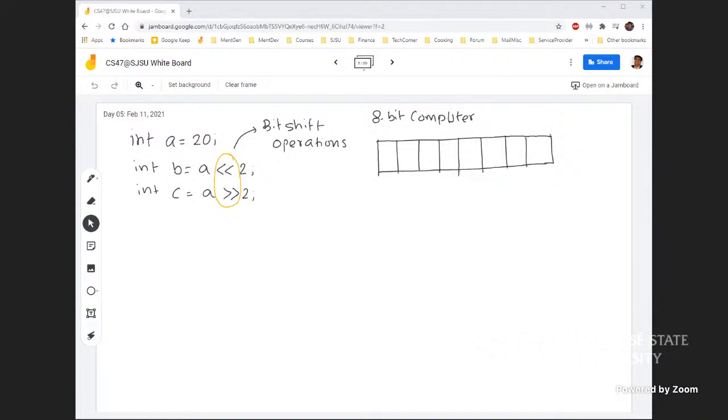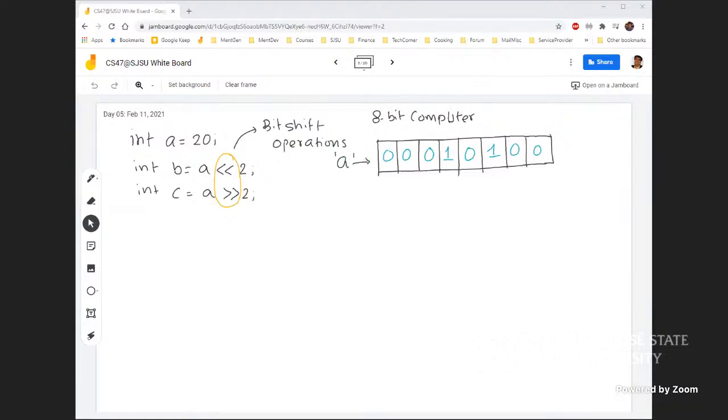With the study of the number system, you probably know 20 will be represented with bit positions 0 to 7 having weights 1, 2, 4, 8, 16, as 1, 0, 1, 0, 0, 0, 0, 0, that is 0, 0, 0, 1, 0, 1, 0, 0 read from the top bit. So variable A's value is represented like this.